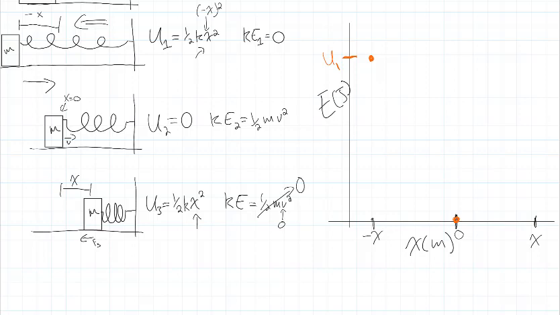And then at state 3 over here, when we are compressed, we're actually back up to 1/2 kx squared, which is the same as our initial potential energy that we have here. And we can draw a quadratic curve between these things because we know that we have a squared in our potential energy, so it will look like this. So there's our potential energy. We have what should be a symmetric quadratic curve that follows 1/2 kx squared.